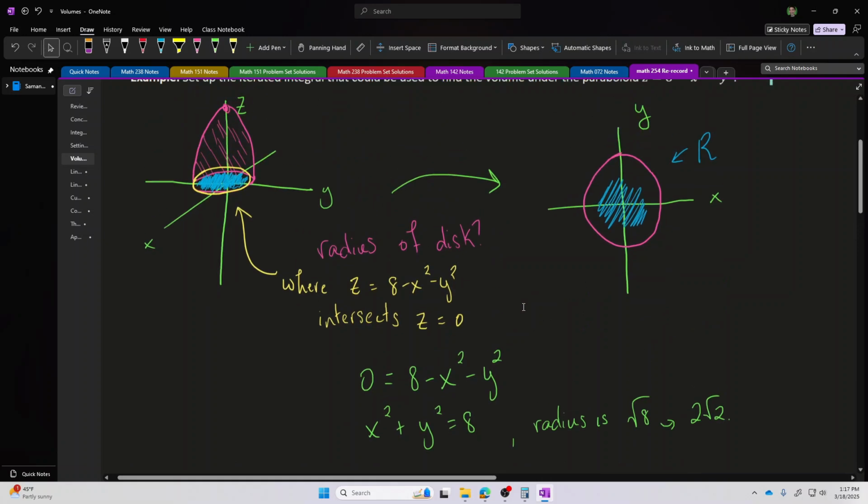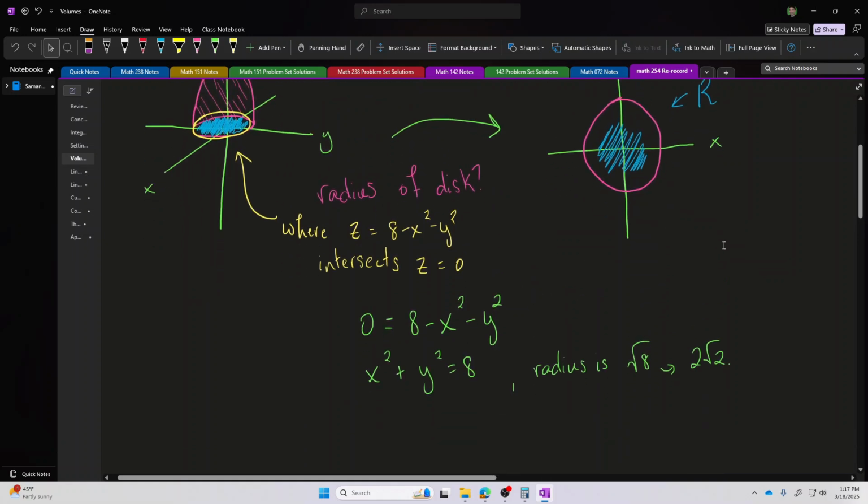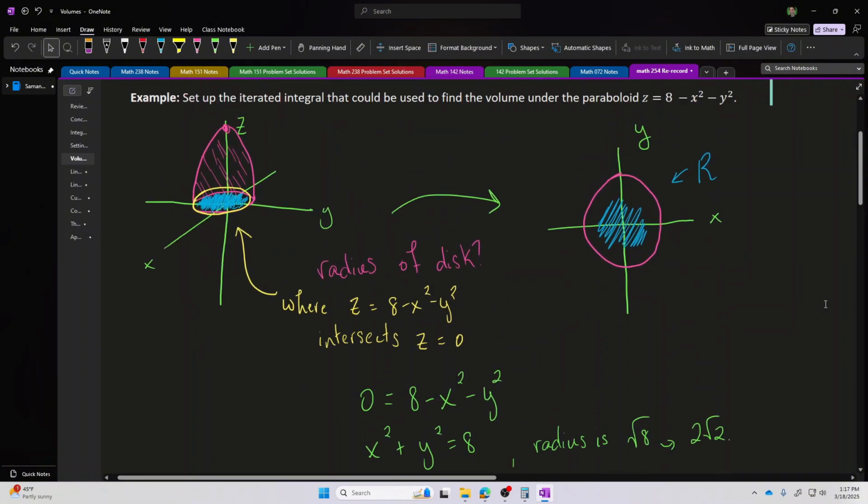Okay, so now I have understood the region of integration for my problem. My region of integration is a full disk of radius square root 8 in the xy plane.